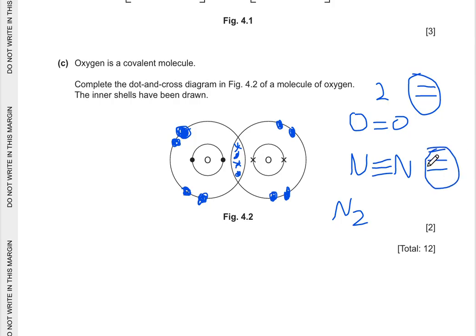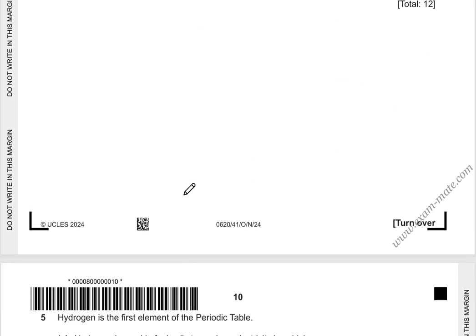But remember that is only with one other atom, not 2. So we do the normal double bond, we do the dot and cross pairs, 2 dot and cross pairs bonding, and we do 4 non-bonding pairs of electrons on each oxygen atom. That gets us the 2 marks.